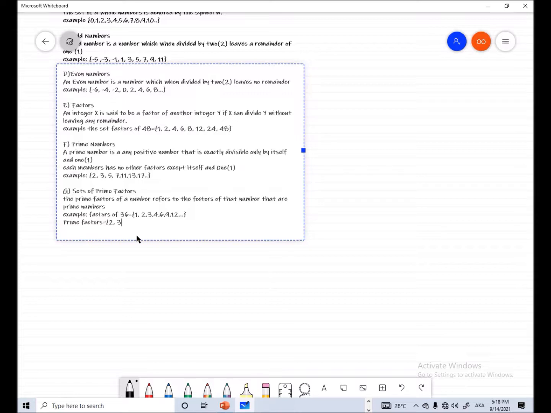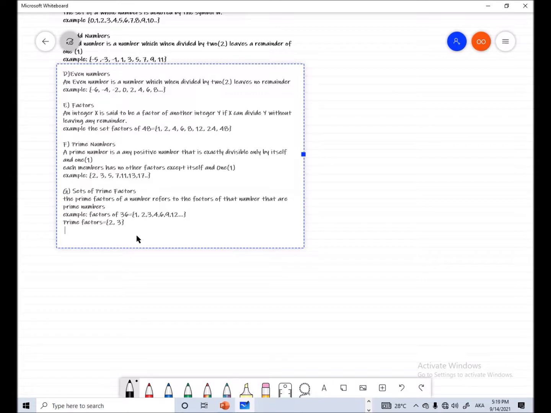Can we talk of 6? No, 6 has factors. 9 has factors. 12 has factors. So we can talk about 2 and 3, because 2 has no factors, and we have the 3. So that is it.